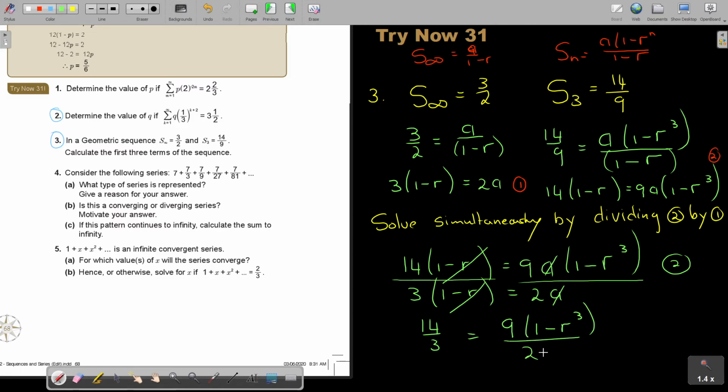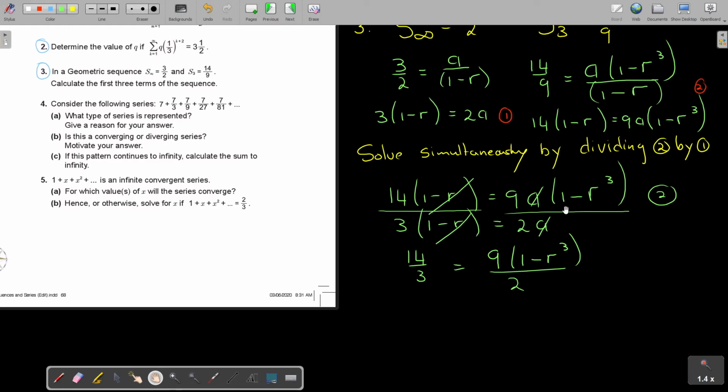It's a fraction like this, and then I can cross multiply. 3 times 9 is 27, and 14 times 2 is 28. Now I divide by 27 on both sides, so 1 minus r^3 equals 28 over 27.